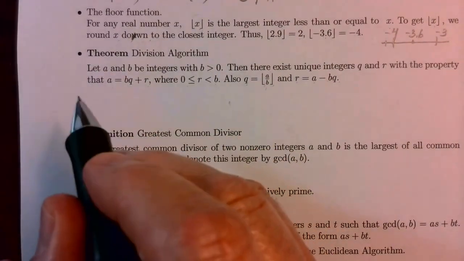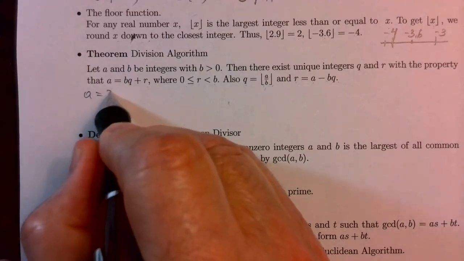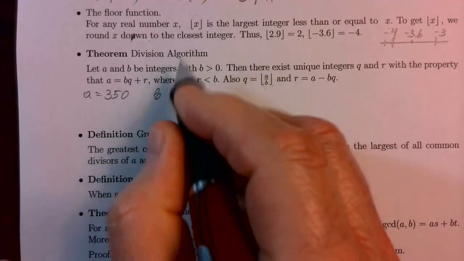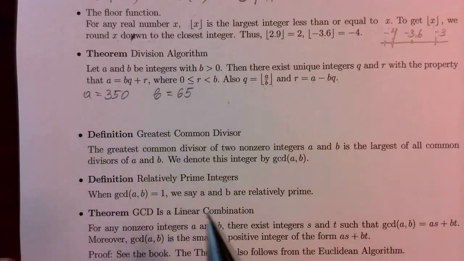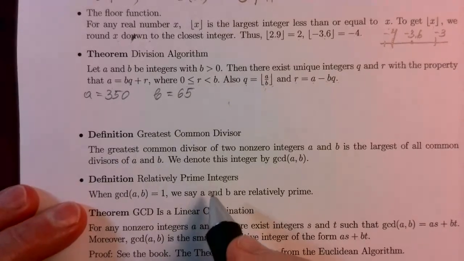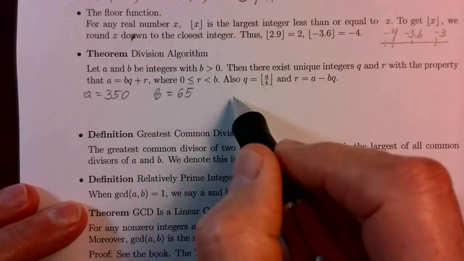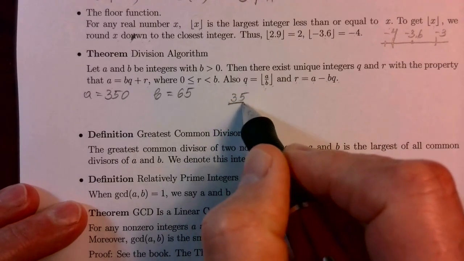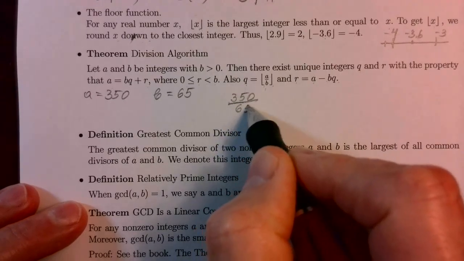For example, if a is 350 and b is 65, find the quotient and the remainder. We find first 350 over 65.